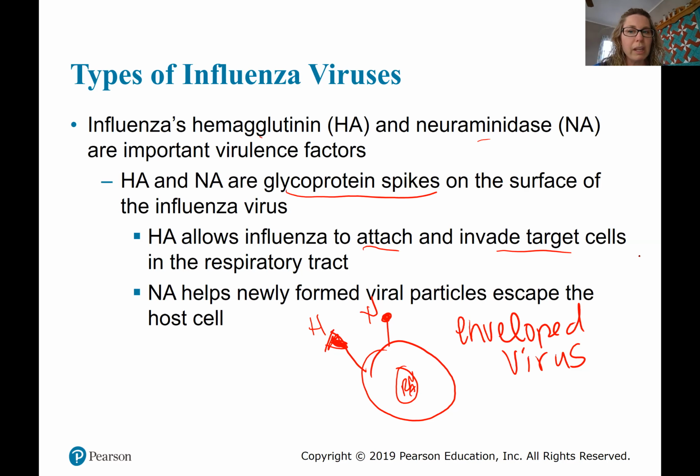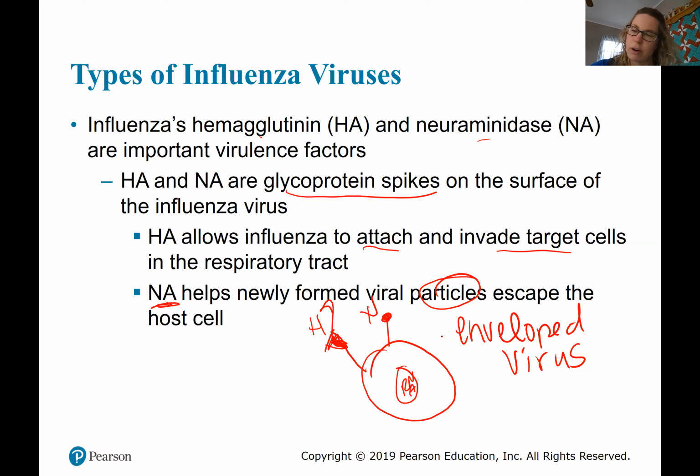So if we're talking about feline influenza viruses for cats, its H spike will identify cat cells. Our influenza viruses will identify human cells, if that makes sense, human respiratory cells, upper respiratory cells. The N spike is basically a piece of the virus that helps it escape once it's been produced inside of the host cell.